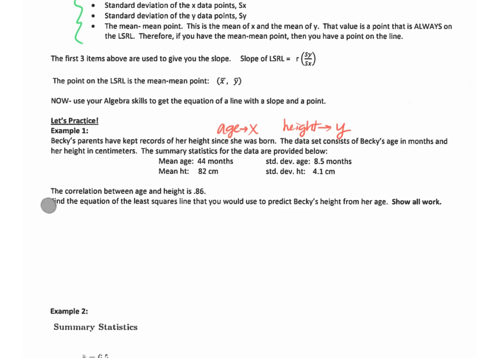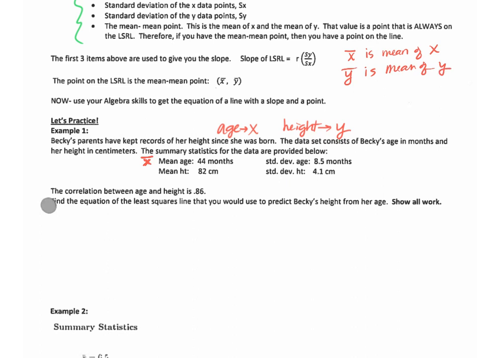Okay, so here we have the average age, and that's going to be represented by x bar, because we just have a sample. So x bar is the mean of x. X bar is the mean of x, and y bar is the mean of y.